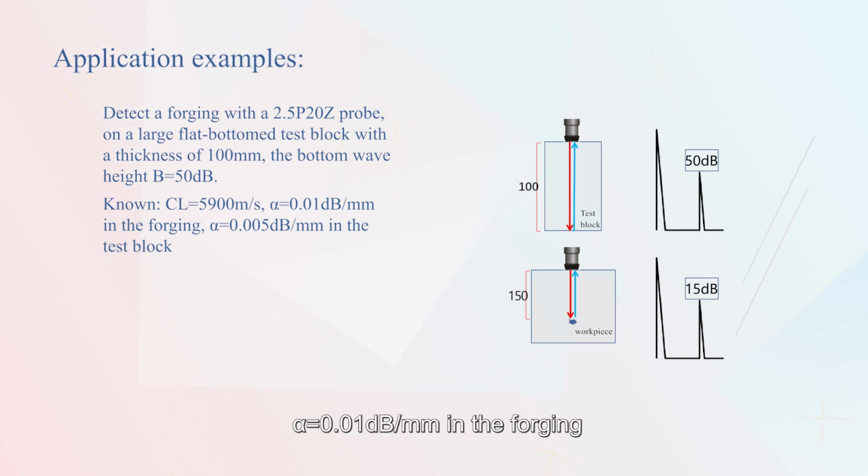Alpha is equal to 0.01 dB/mm in the forging, and alpha is equal to 0.005 dB/mm in the test block.